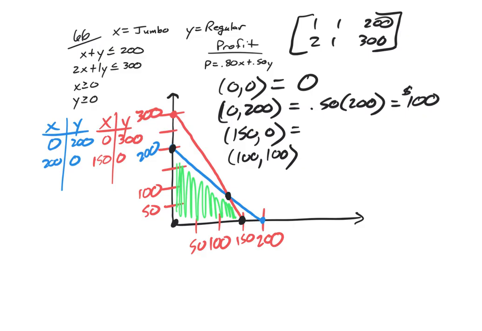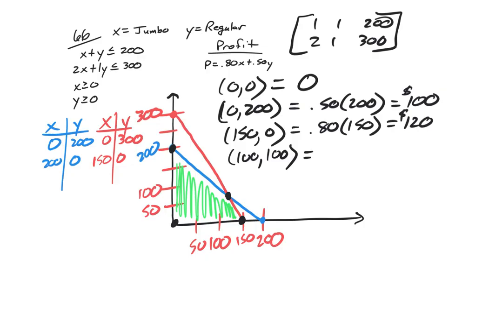Okay, if I only make jumbo biscuits, then that would be 80 cents times 150. What's that give me? $120.